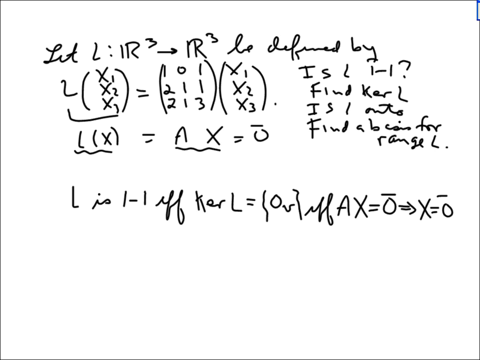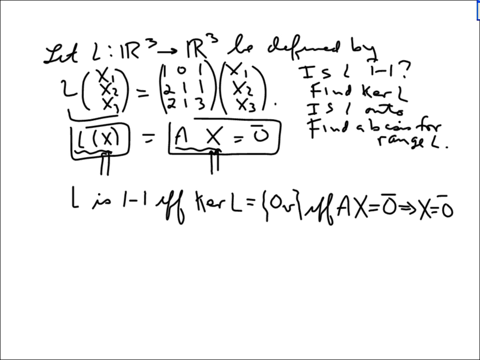And L is 1-to-1 only if that has to be the zero vector.